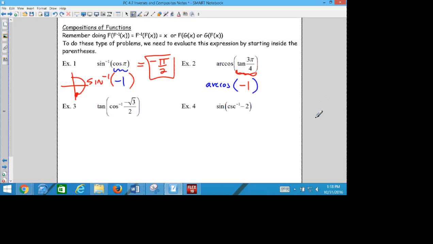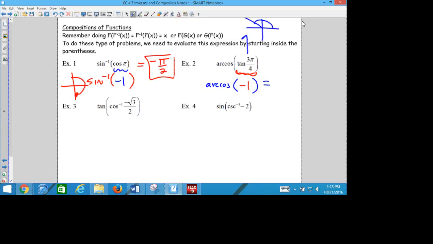So where is cosine negative 1? Why is tangent of 3 pi over 4 negative 1? The picture would be there.